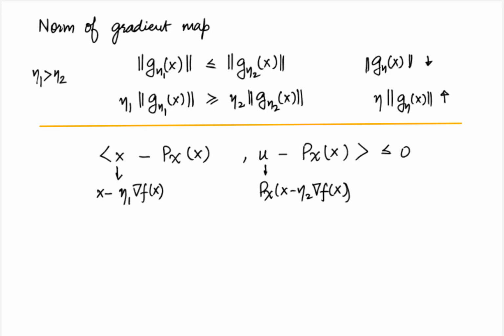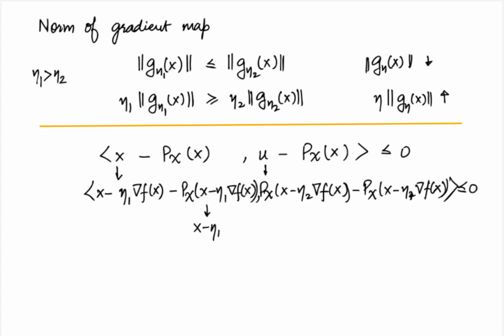So as to get the following expression: (x minus eta 1 gradient f(x) minus its projection), inner product with (the projection of x minus eta 2 gradient f(x) minus the projection of x minus eta 1 gradient f(x)), and this whole thing is less than or equal to 0. Now recall the definition of the gradient map and substitute P_X(x minus eta 1 gradient f(x)) as x minus eta 1 G_eta1(x), and P_X(x minus eta 2 gradient f(x)) as x minus eta 2 G_eta2(x), and likewise the third term in the same way.